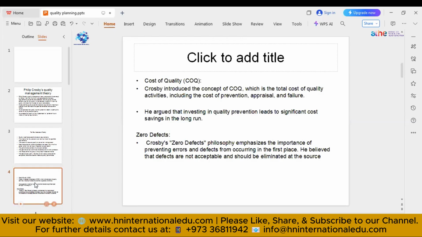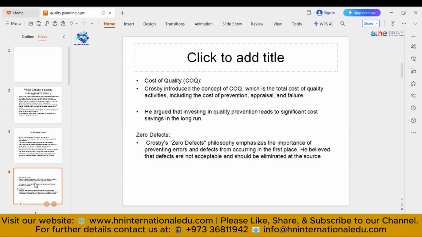He argued that investing in quality prevention leads to significant cost saving in the long run because it will help you minimize the inspection cost and the improvement cost. Do it right from the beginning so all the costs will go down.